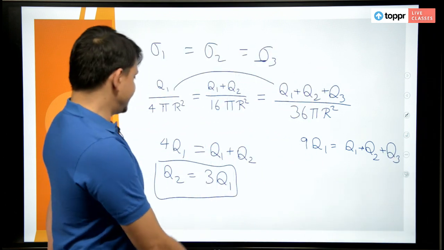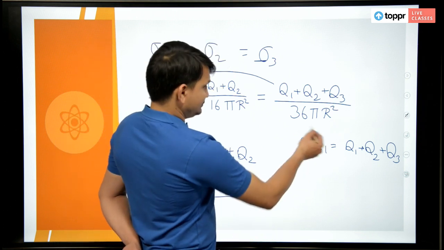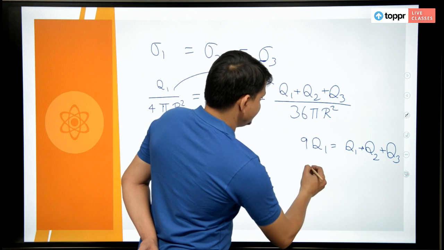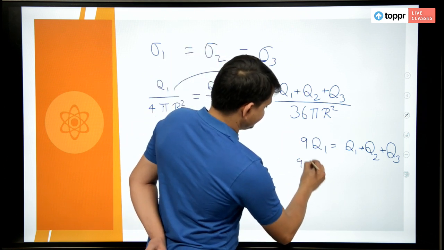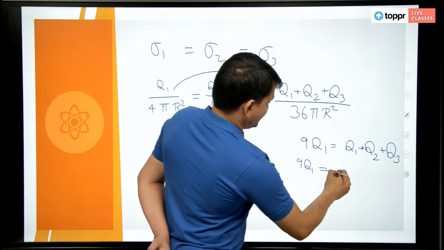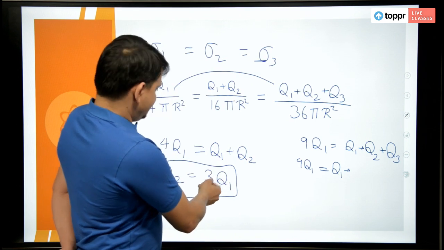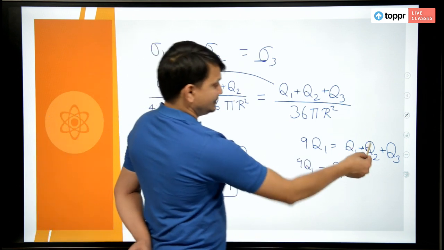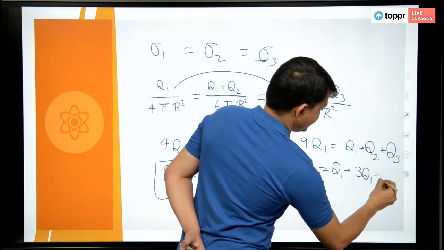Now we already know that Q2 is equal to 3Q1. So let's leave this as 9Q1, and convert Q2 into 3Q1: Q1 plus 3Q1 plus Q3.